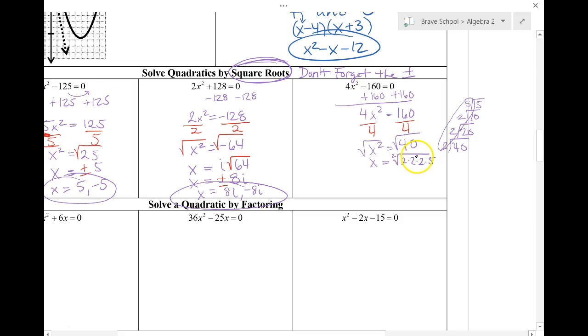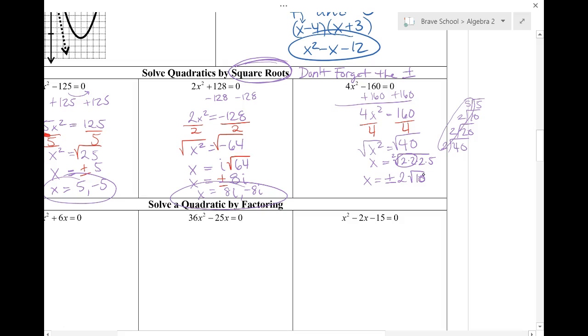So what I need to do is circle groups of 2 and take one of those out when I take the square root. And if I square root, that means I'm going to have to do plus or minus. So I take that 2 out, and the 2 and the 5 just stay underneath the square root, and then combine back to become 10, because it's 2 times 5.